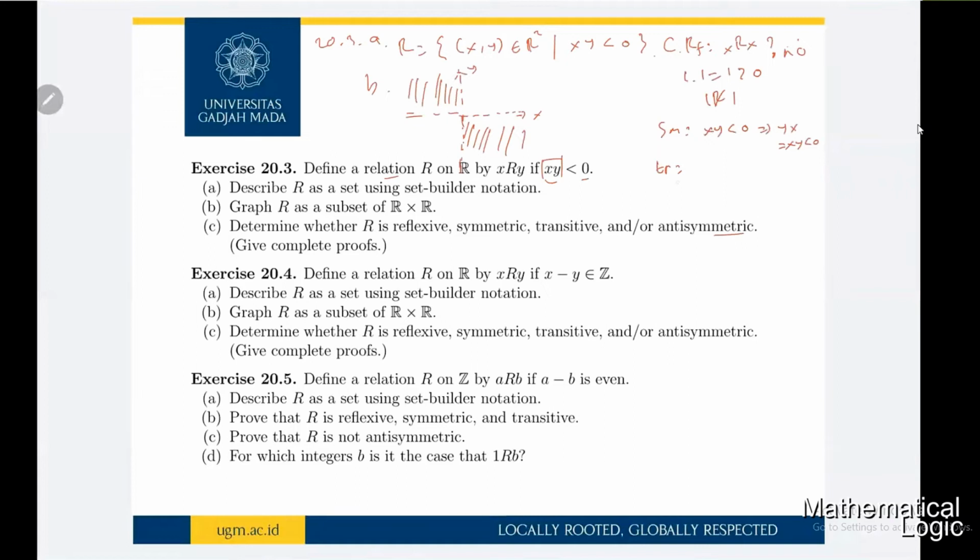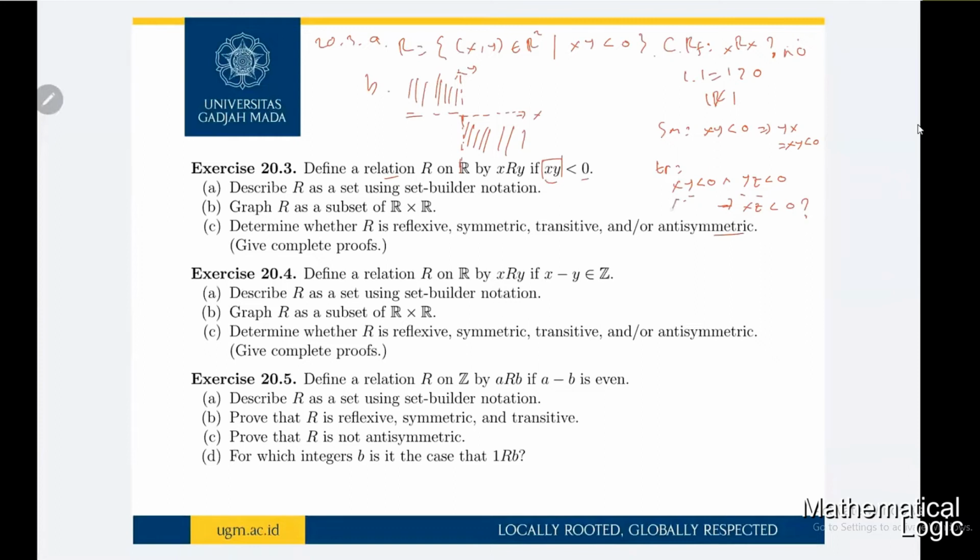Is it correct that when we have xy less than 0 and yz less than 0, then xz is less than 0? This is the question, right? For transitivity, the answer is yes, because x and y have different signs, and y and z have different signs.